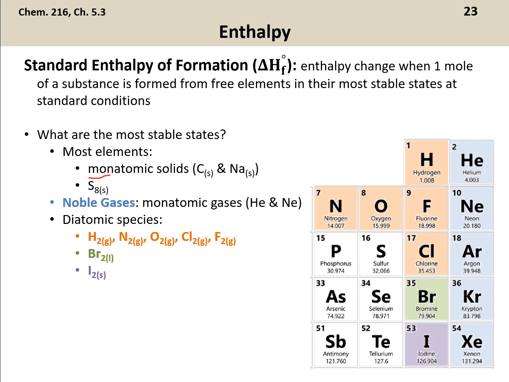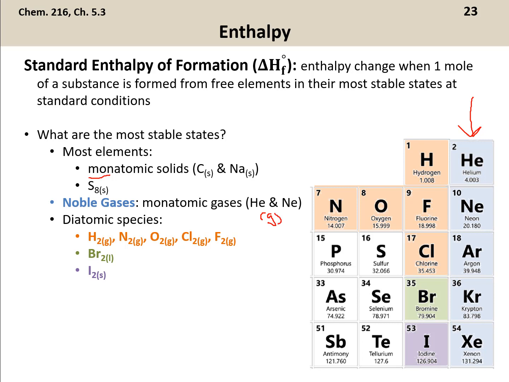So carbon solid or sodium solid or arsenic solid. Some are a little weird. Sulfur is actually S8, so 8 sulfurs bonded together, but as a solid. Your noble gases, remember that's helium on down, those are just monatomic gases. That just means helium by itself and neon by itself. Gases, I should have on there.